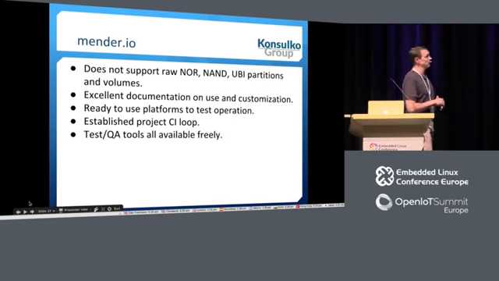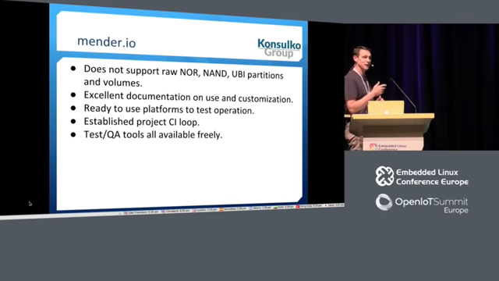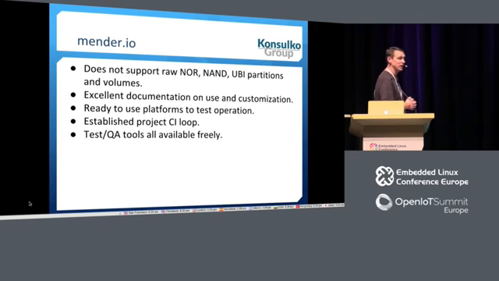Right now, it's specifically designed around and supporting MMC style, block IO style file systems. And so it doesn't have any explicit support for NOR, NAND, UBI. That's not something that couldn't be added, but not there right now. It's got great documentation when you go through of how to actually bring up a new platform and port the client to it and what all is needed.